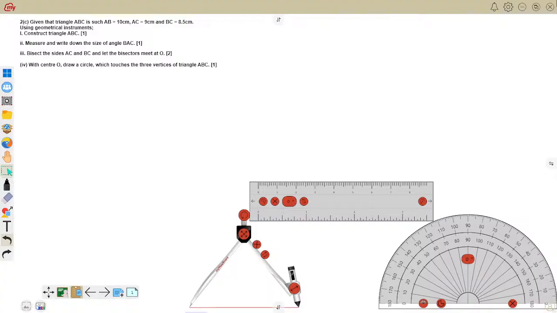Given that triangle ABC is such that AB is equal to 10 centimeters, AC is equal to 9 centimeters, and BC is equal to 8.5.